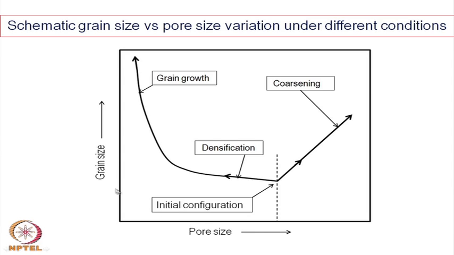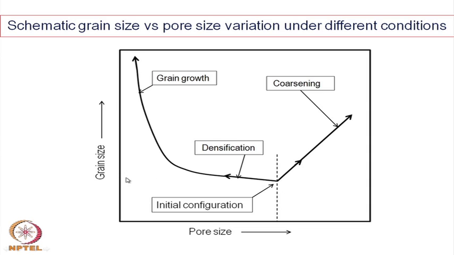Grain size is again plotted on the vertical axis, and the horizontal axis is the pore size, because an increase of theoretical density is also actually a reduction of the pore size or the pore volume. So here this is our starting condition, the initial configuration, with a pore size here and the grain size there.